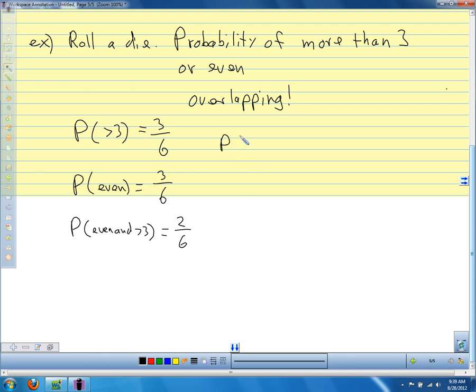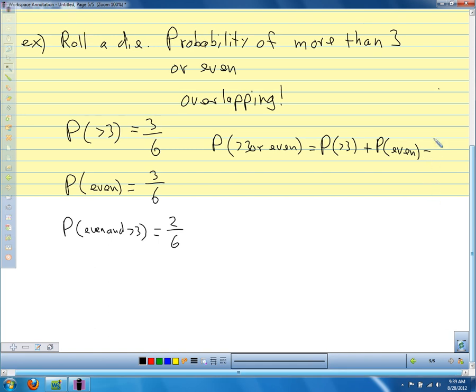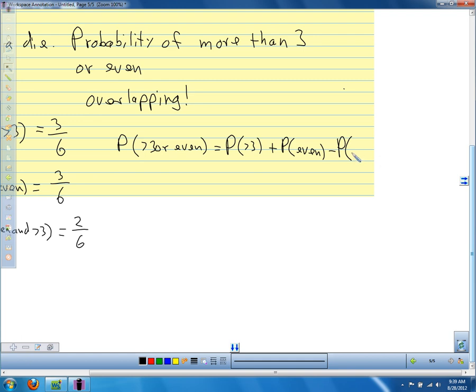What I need to do is I'm going to write an extra step here. Probability of greater than 3 or even equals probability of greater than 3 plus the probability of even minus probability of even and greater than 3.